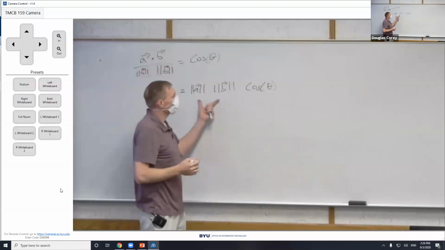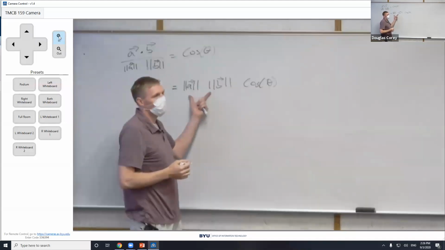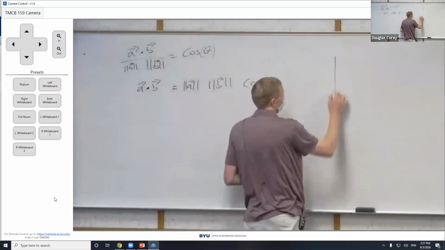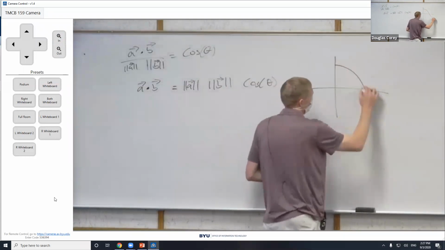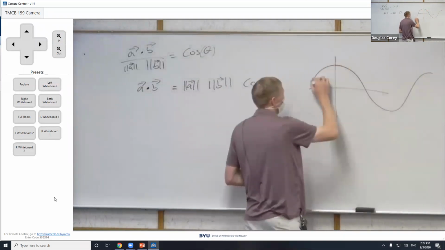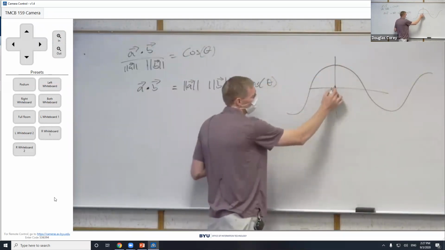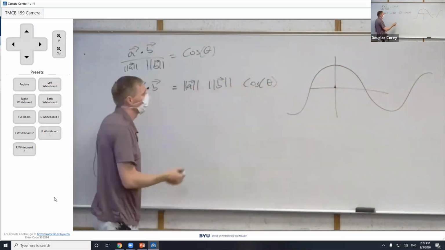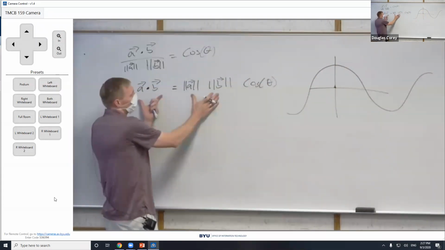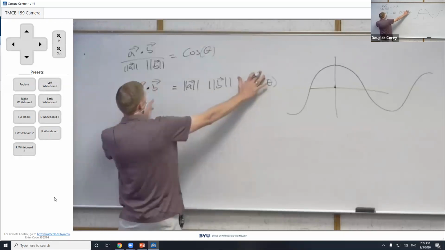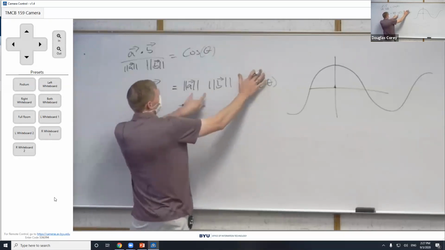If they're pointing in the same direction, what's cosine? Here's the cosine curve. If they're pointing in the same direction, the angle is 0, so the cosine would be 1. Then we could just say the dot of A and B is the same as the product of their lengths.